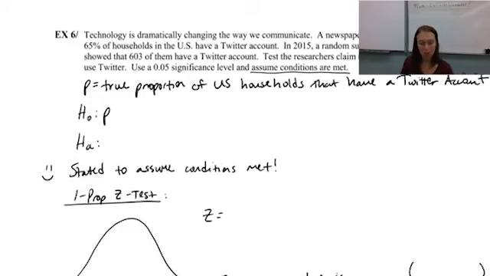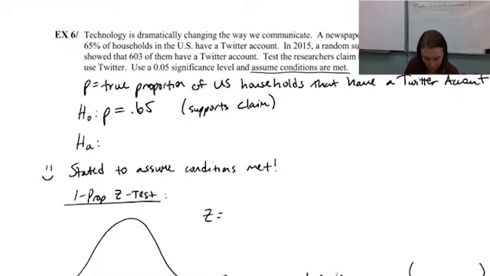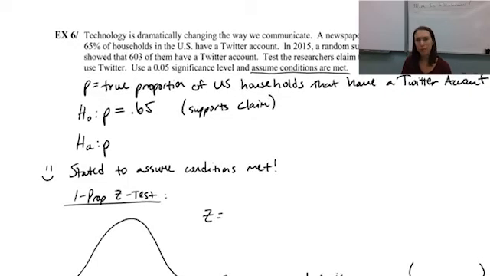It includes the equality, so p equals 0.65. This supports his claim. There was no direction there, it was just equals 0.65. So the opposite of that would be not equal to 0.65.